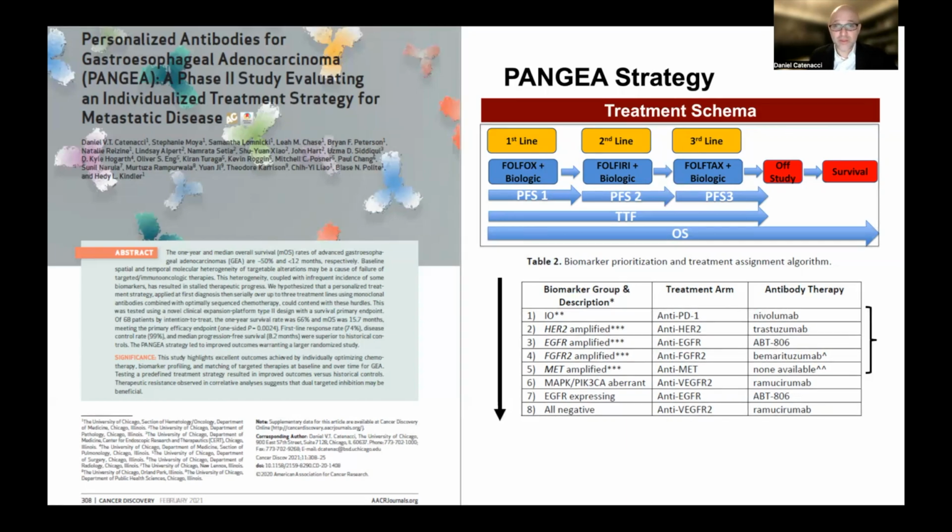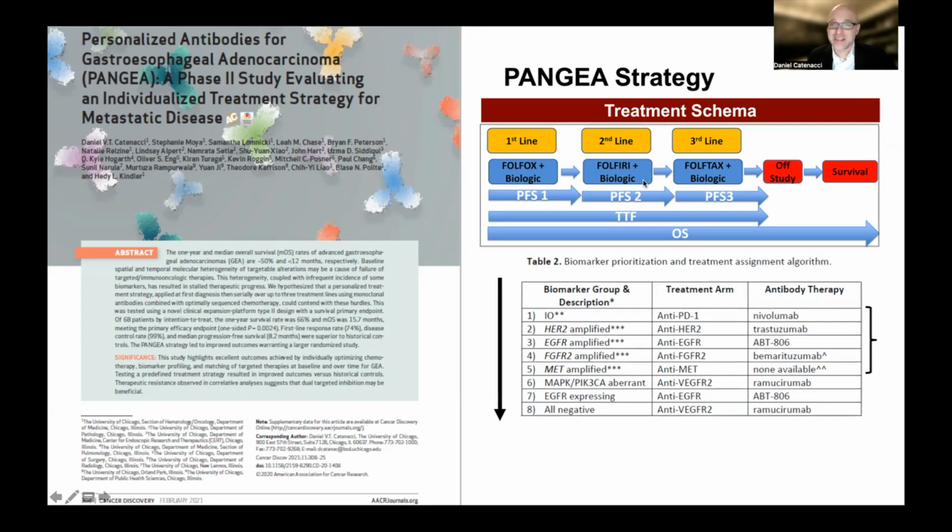So this study, Pangea, was conducted to try and improve our understanding of the heterogeneity of the cancer, to characterize what is the degree of spatial heterogeneity from primary tumor to metastatic site, and also what is the degree of evolution over time at each transition point between each line of therapy.